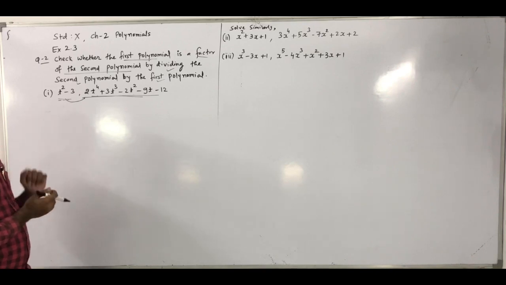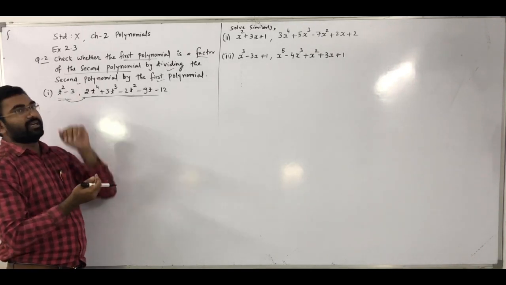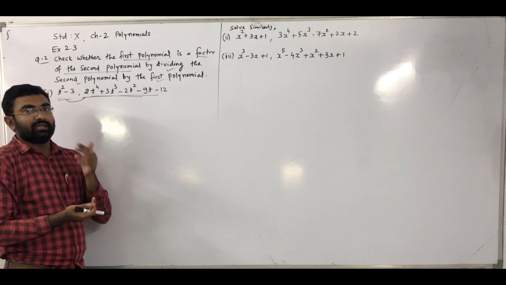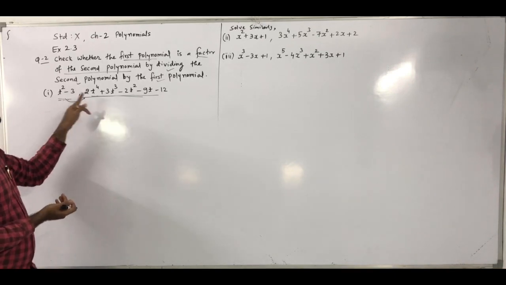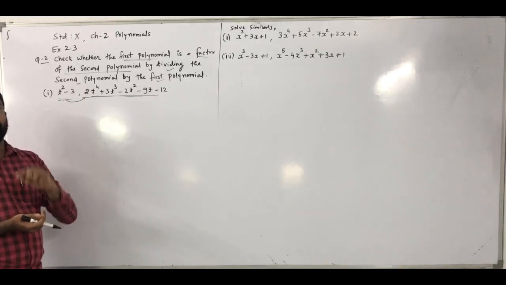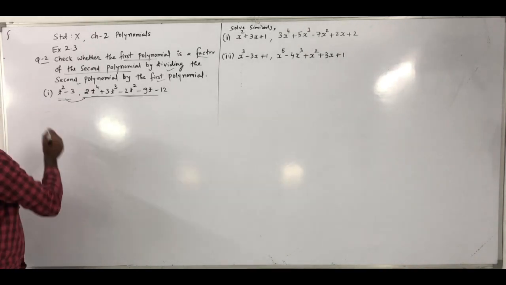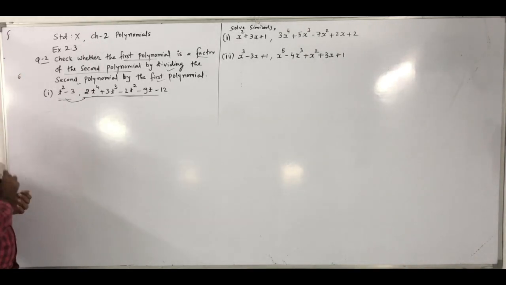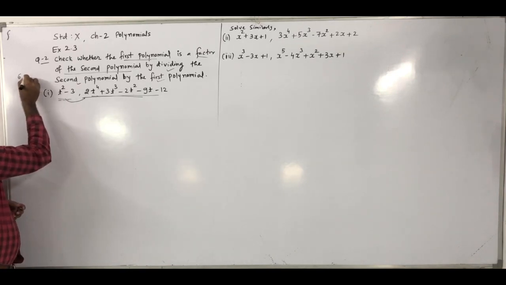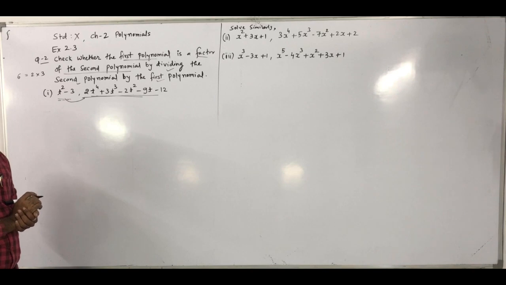So how can we say this polynomial is a factor of that one? In which condition can we say so? We can easily understand that by numbers. Look here. Suppose 6 is a number, and the factors of 6 are 2 and 3, since 2 times 3 is 6.